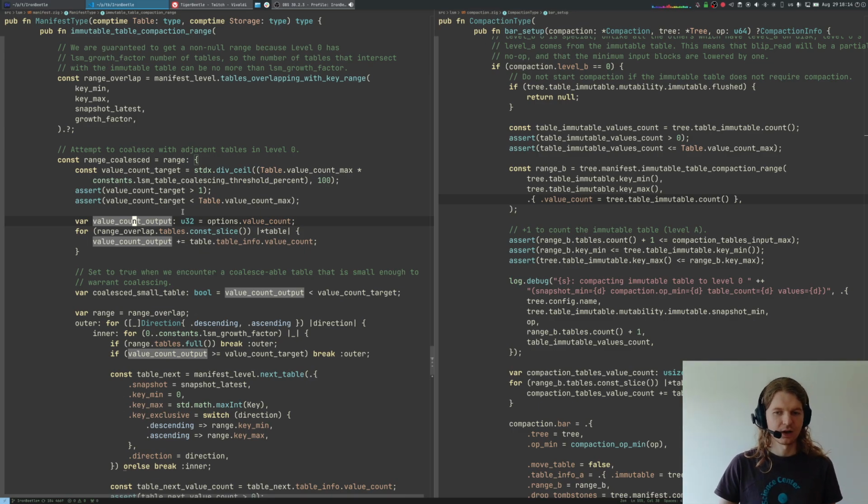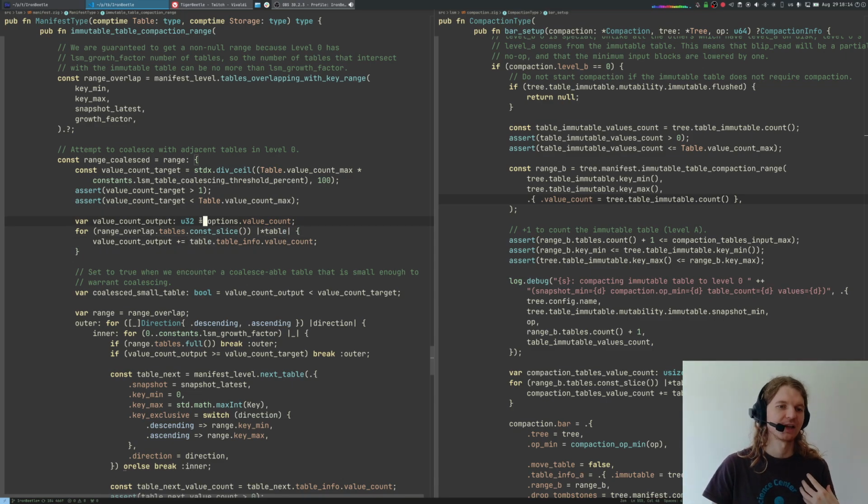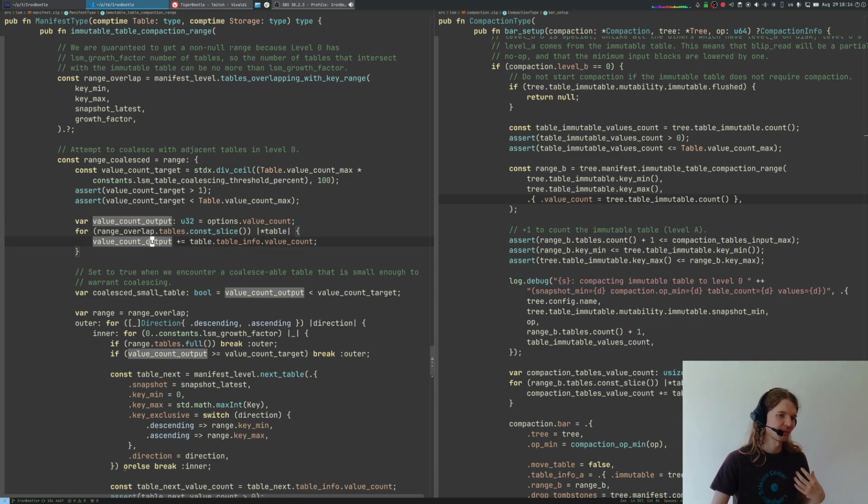Naively, you just sum all the tables which are inputs, which are a bunch of tables from level B and one table from level A. But it is important to realize that this is an upper bound.